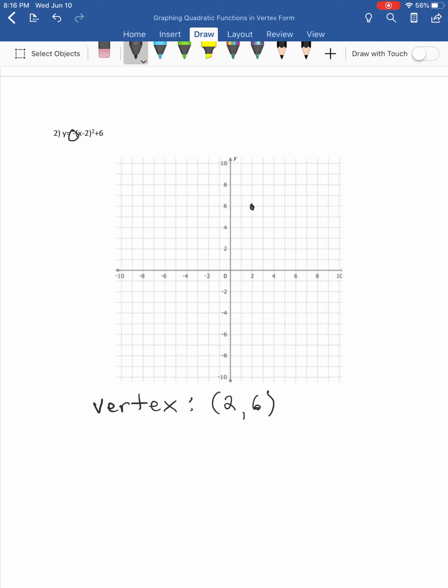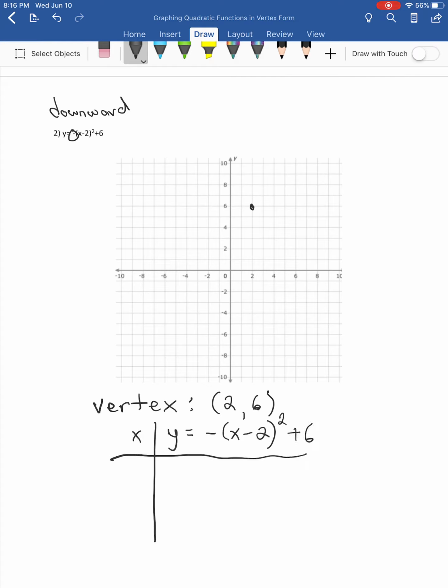Notice this one's going to open downward because of the negative leading coefficient. So x, y equals negative (x minus 2) squared plus 6. So we're looking for 2 to the right of 2, so 3 and 4.